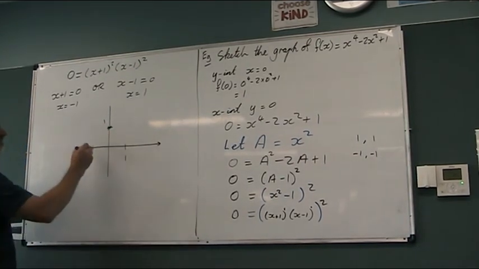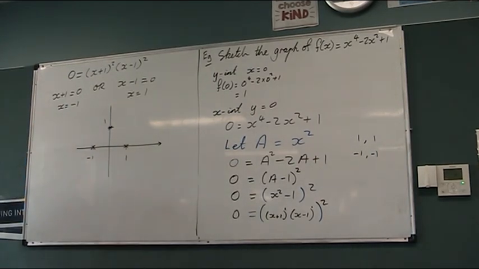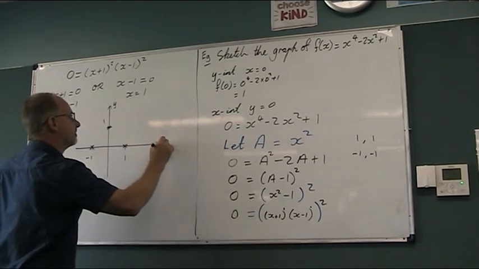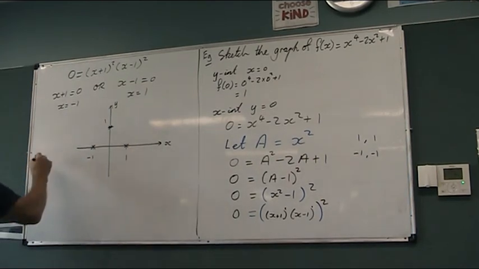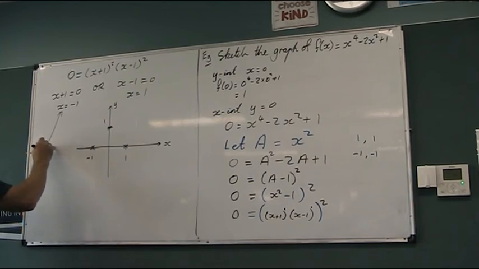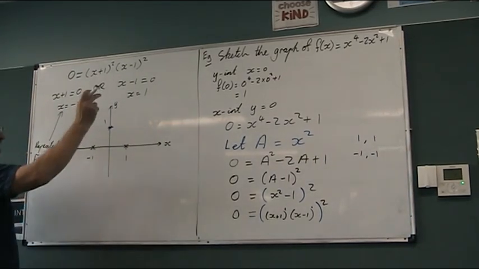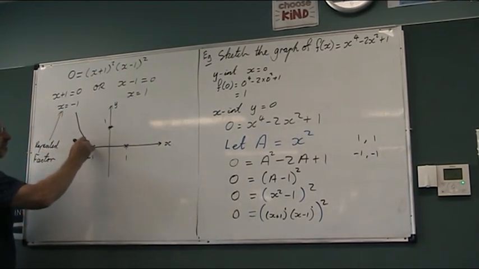Y-intercept there, x-intercepts there and there, and at those x-intercepts, the graph turns around, because they're repeated factors. All right, so it's a power of 4. Power of 4 starts up here, and that's a repeated factor there.